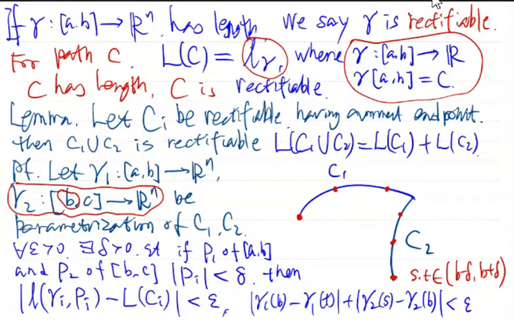This is the consequence of the uniform continuity of gamma 1 and gamma 2.